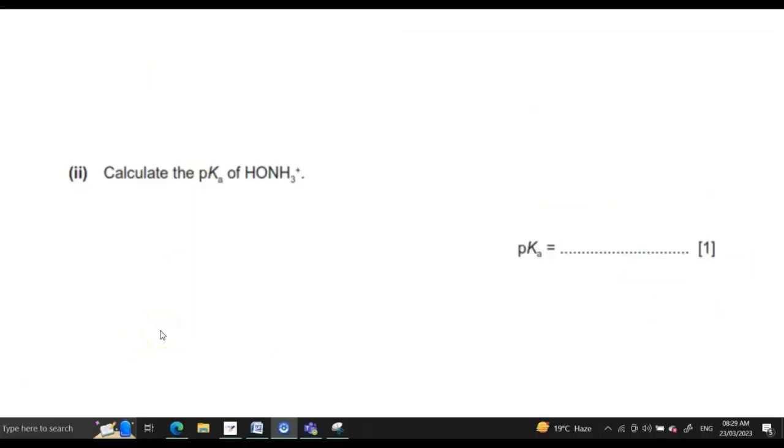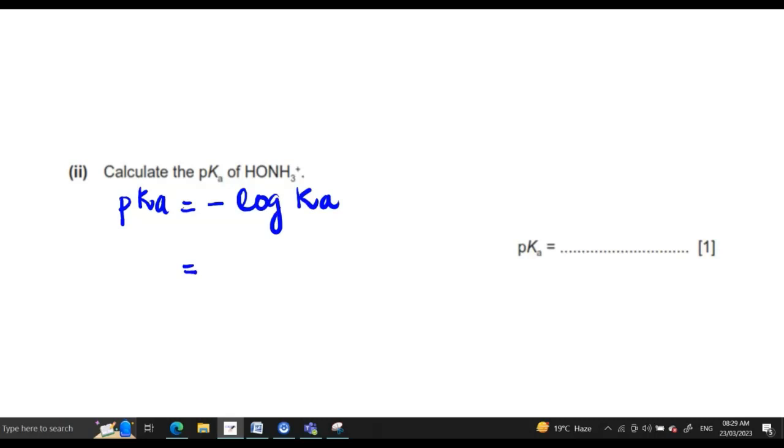Okay, the second part of the question: calculate the pKa of HONH3 plus, as we have already calculated Ka. As you know, pKa is equal to negative log of Ka.